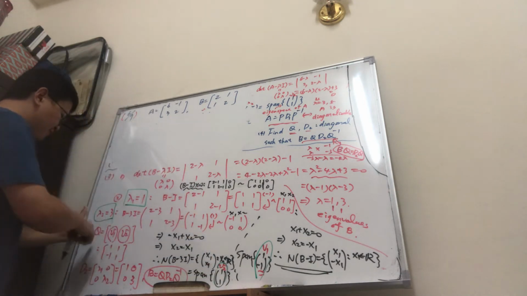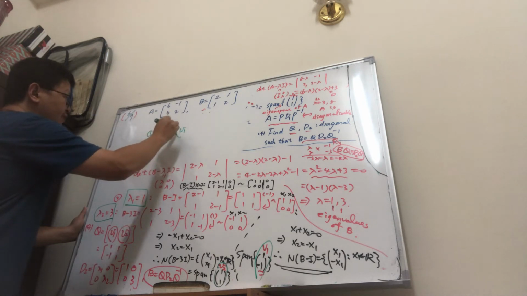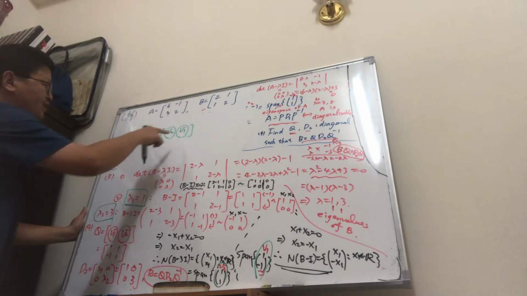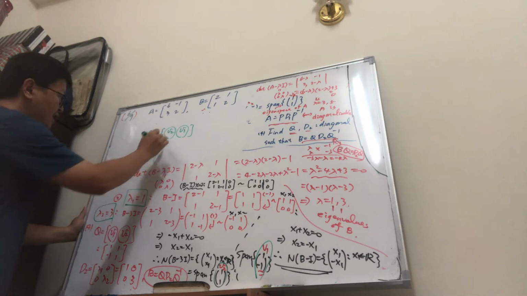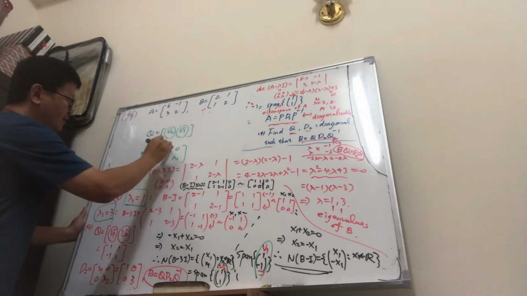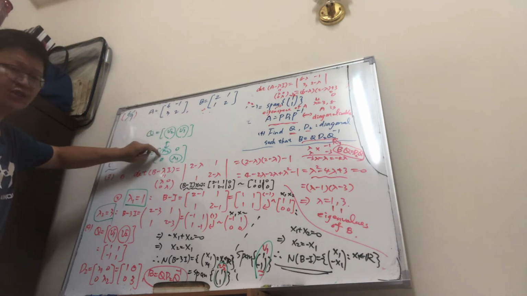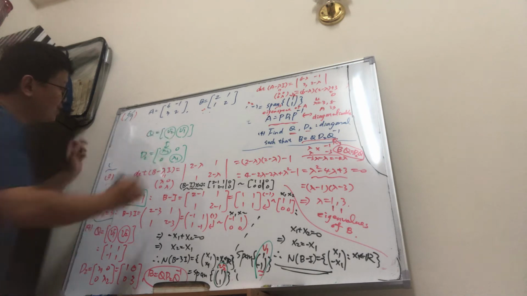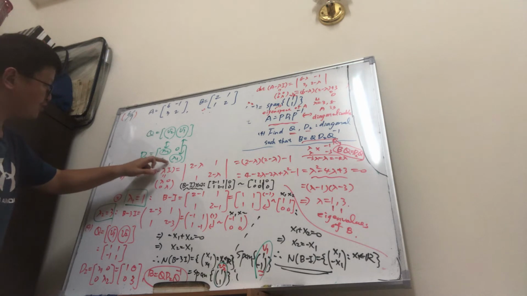But if for the matrix Q I choose v2 in the first column and v1 in the second column, then for the matrix D2, the first diagonal entry should be the eigenvalue lambda 2, and the second diagonal entry should be the eigenvalue lambda 1.